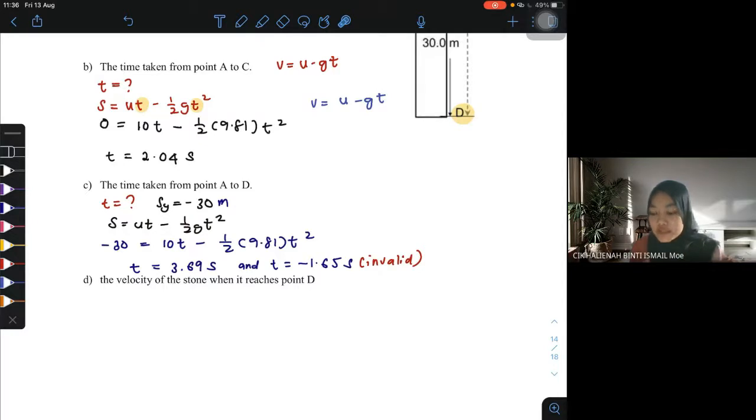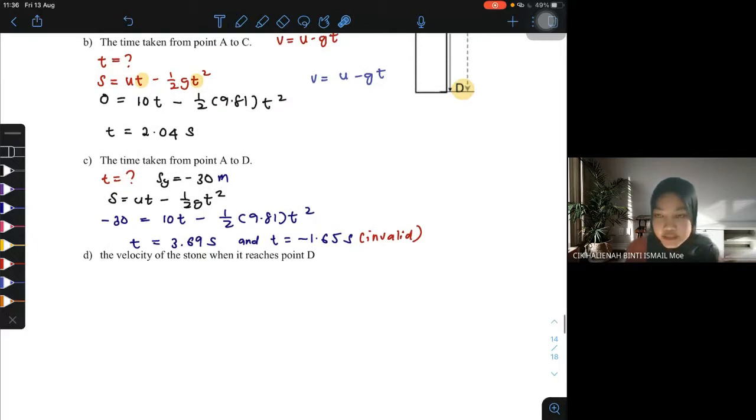Tapi to be safe, kamu always tulis lah so that kamu boleh avoid making mistakes. So remember always yang paling penting, formula, substitution, and then final answer. 3 benda ni yang mesti ada kalau dalam physics. Dia berbeza, dia tidak sama dengan dalam maths. Maths kamu kena tunjuk langkah kerja tu satu persatu. Okay, any questions so far?